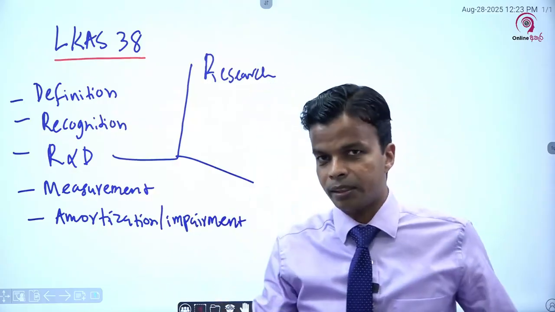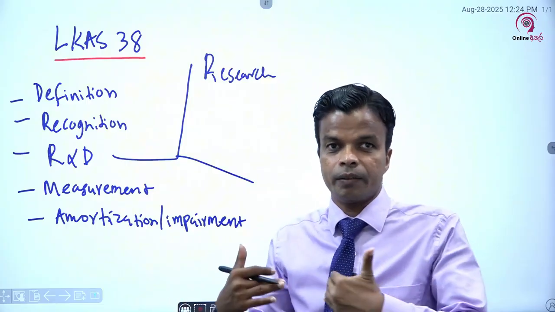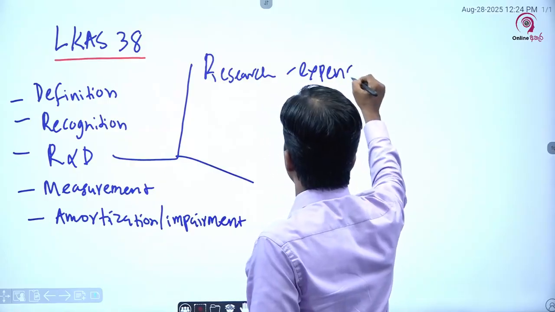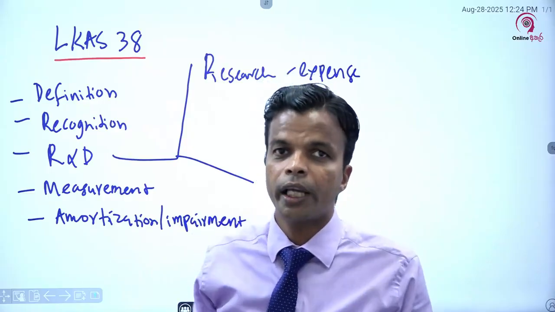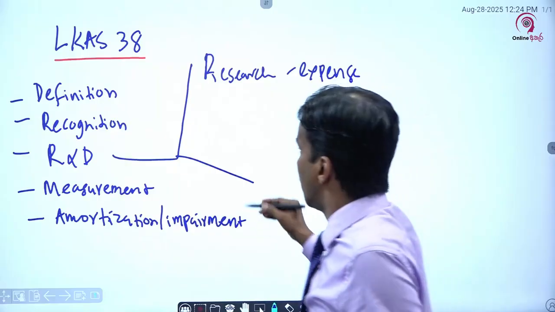So research is just an activity with no return. Because of that, if you have any expenses connected to research, any cost you incurred connected to research, you should expense it.